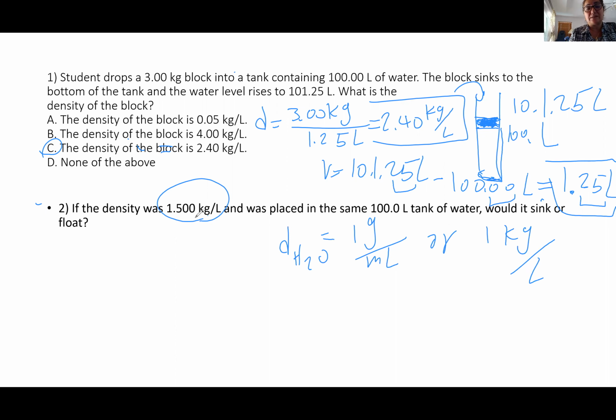So since the density 1.5 kilogram per liter is greater than the density of water, which is 1 kilogram per liter, then it's going to sink. If it's a multiple choice question, you choose your answer, but if it's a free response, you have to explain why it would sink or float.